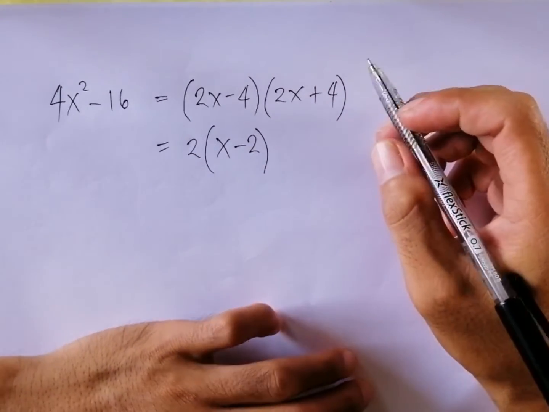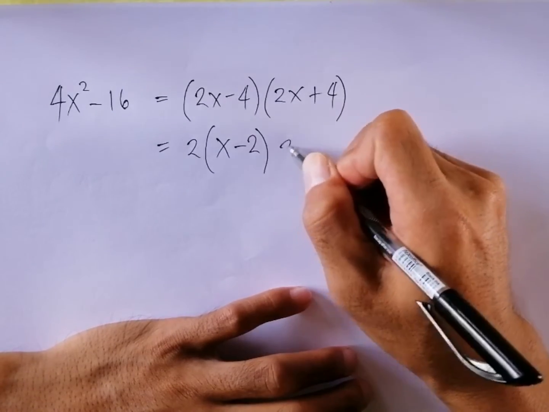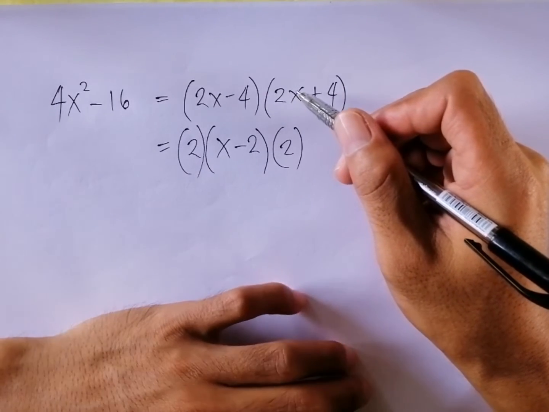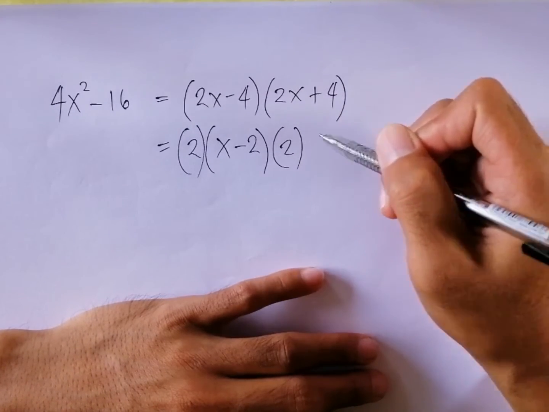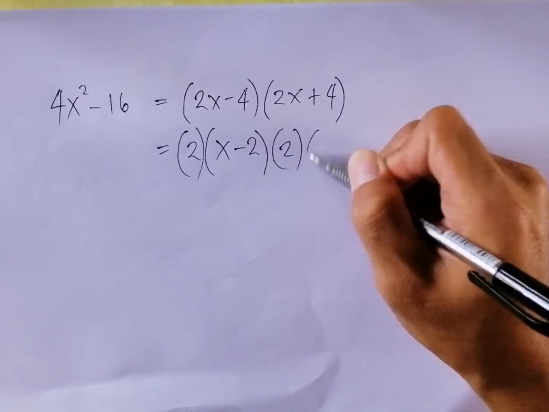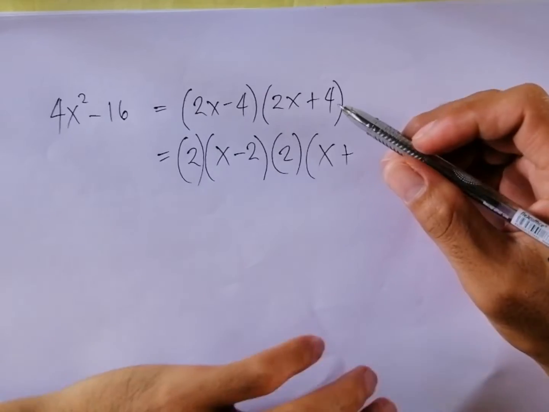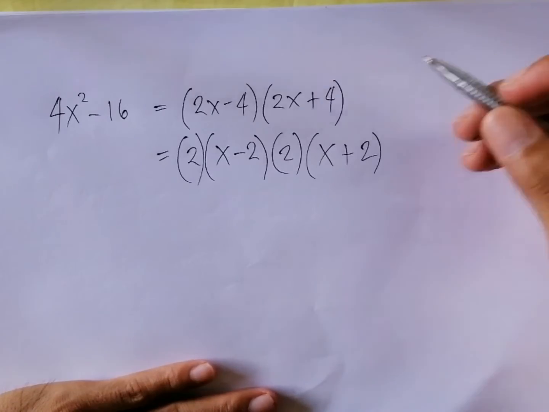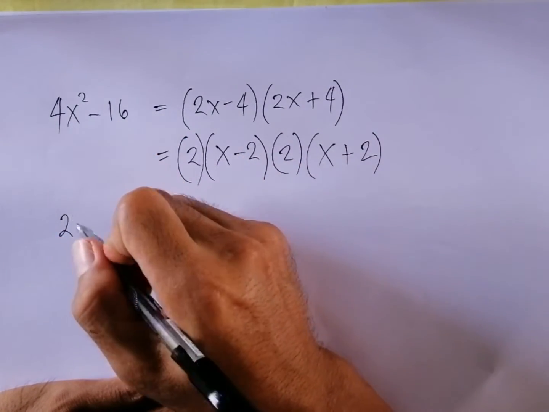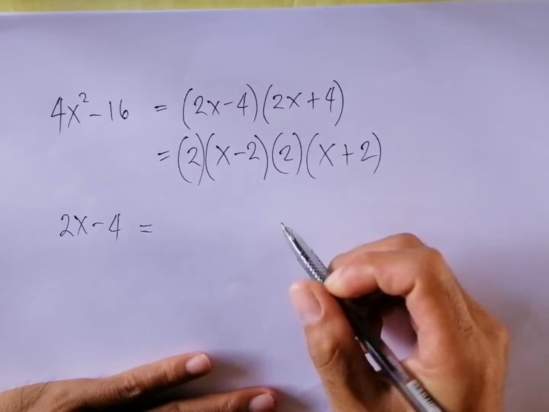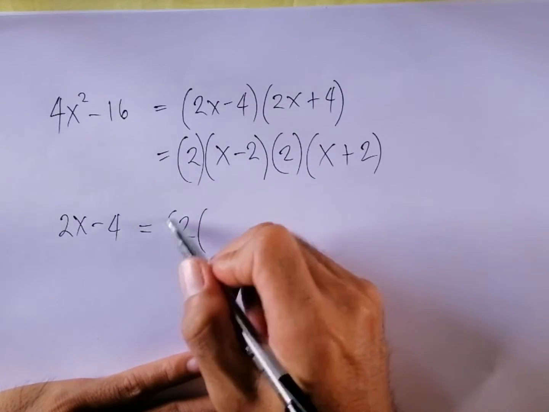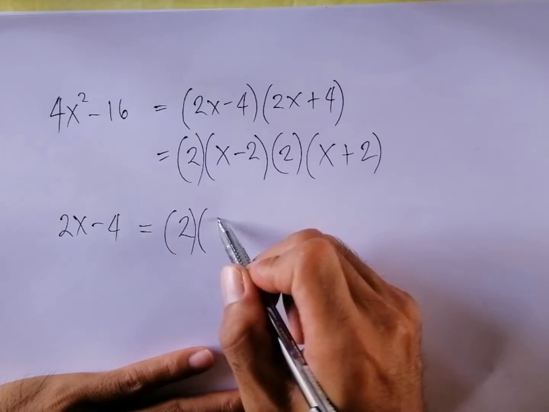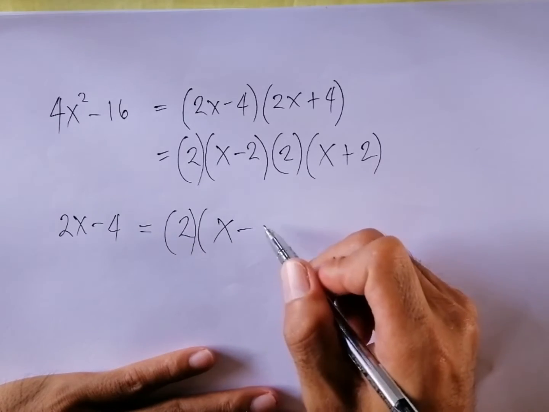Then for 2x plus 4, we have 2 divided by 2, that is 1 times x, so we have x plus 4 divided by 2, that is 2. Then for the 2x minus 4, that is equal to 2 divided by 2, that is 1 times x, that is x minus 4 divided by 2, that is 2.